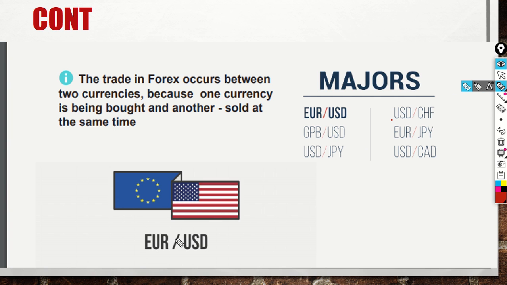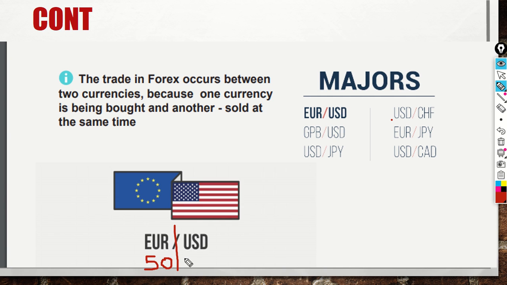I want you to be in a position where you have 50 euros in your pocket, a good round figure, and you want to go to United States. In United States you can only use US dollars to buy.